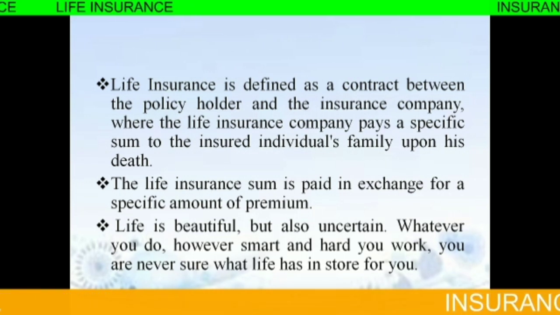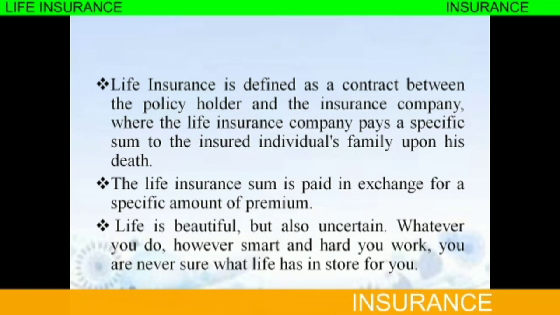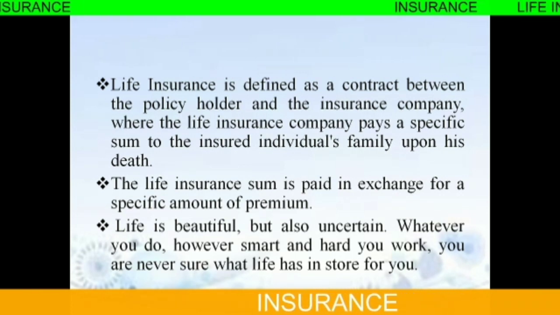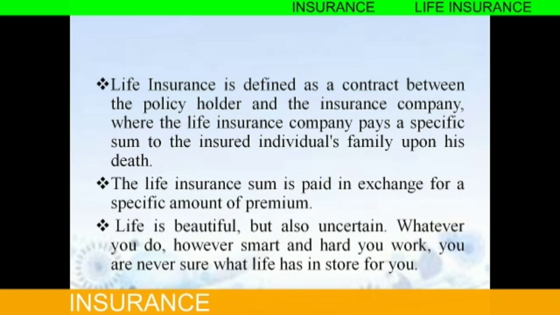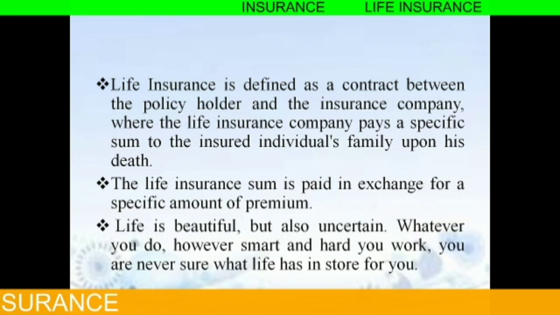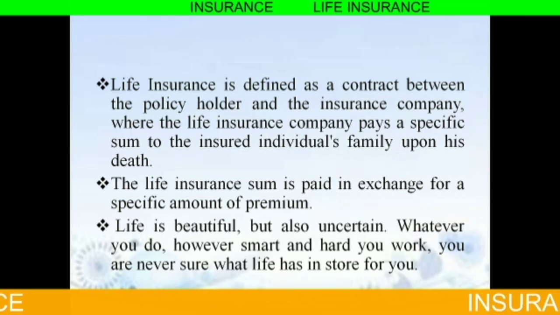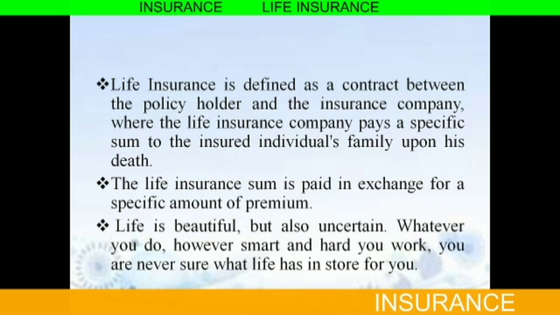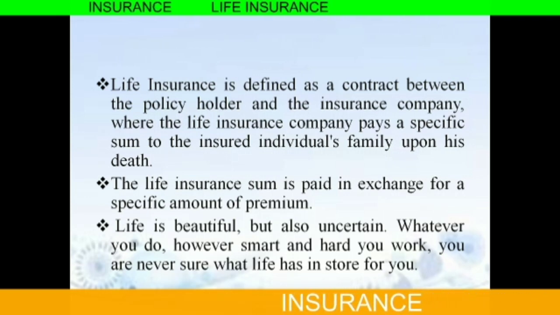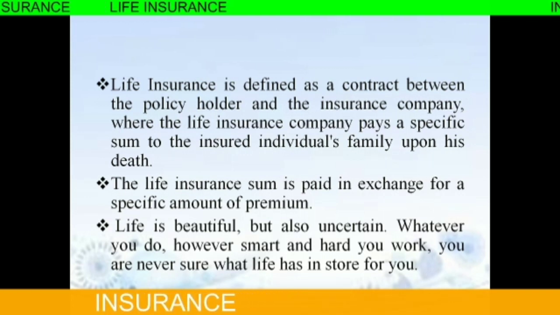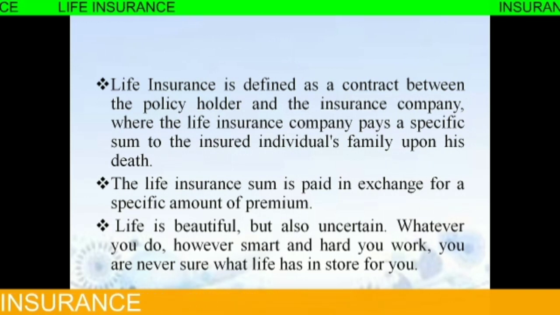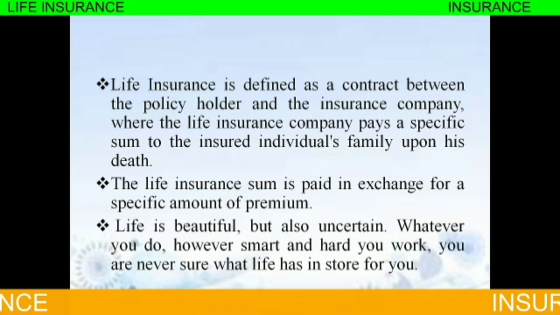There will be a situation of death. The insurance company pays a certain amount to that particular insured's family members. The life insurance sum is paid in exchange for the specific amount of premium.